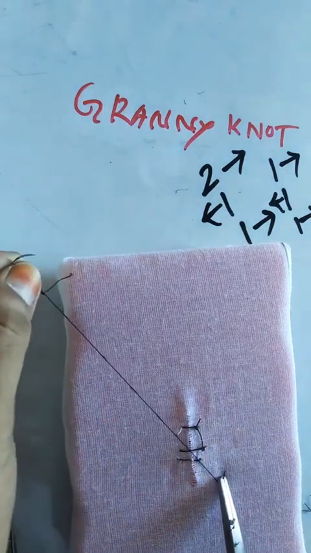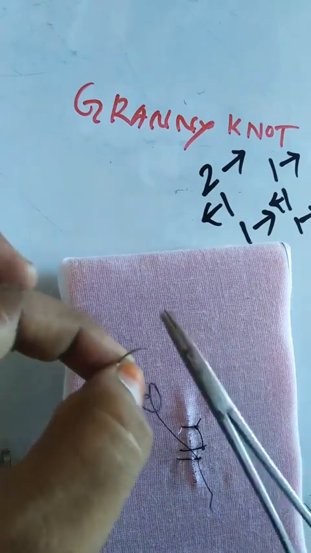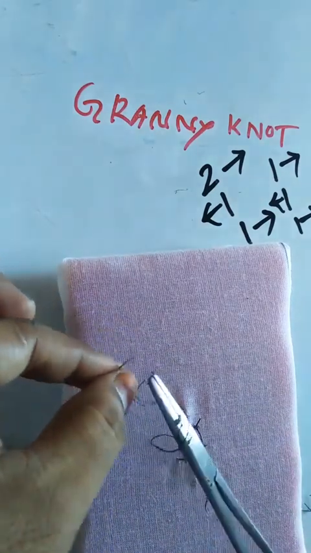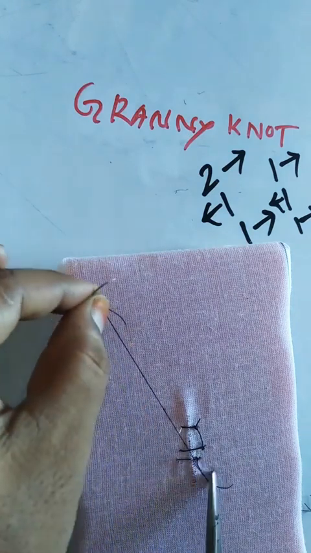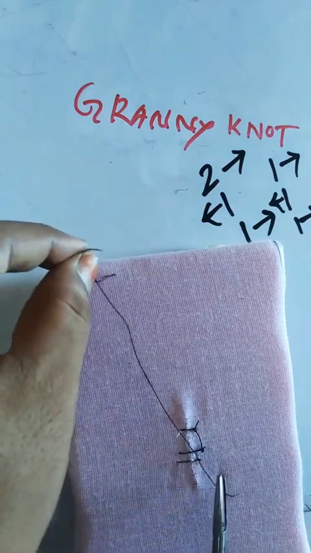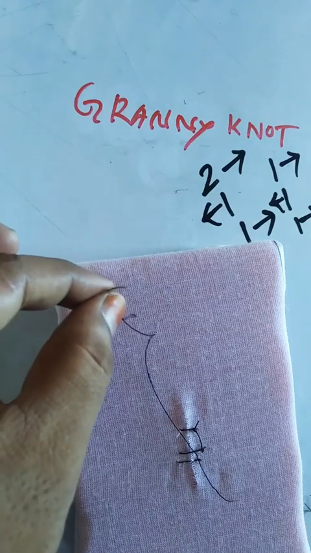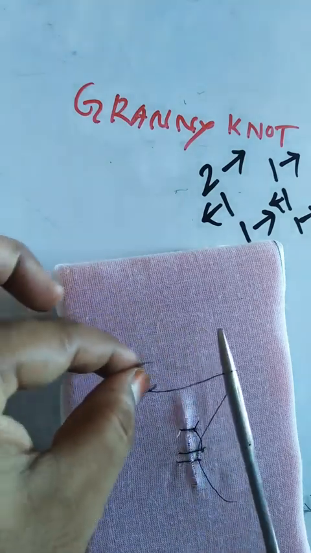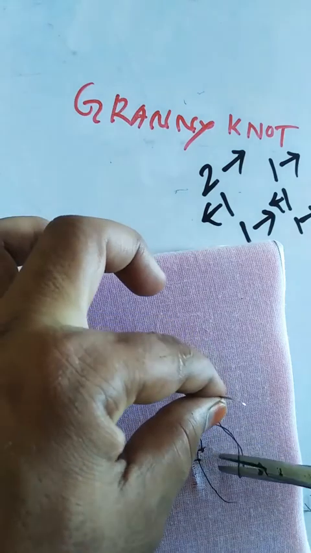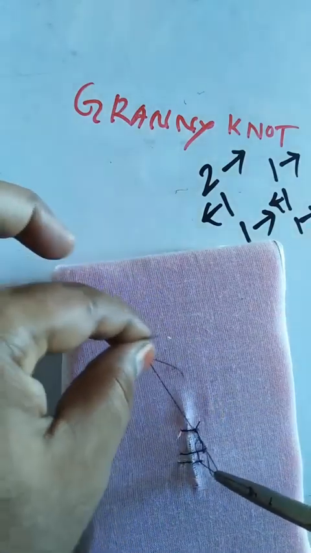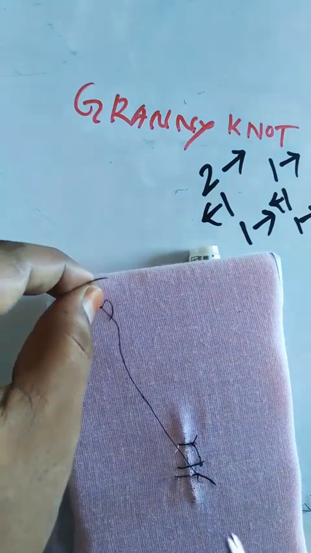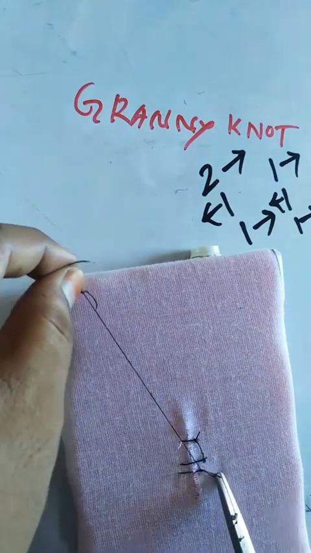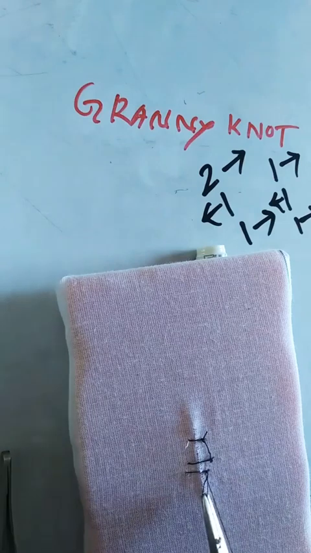This is the first tie, and the second tie also should be made in clockwise direction with only 1 throw. And the third tie is made in the anti-clockwise direction with only 1 throw. So this is your granny knot.